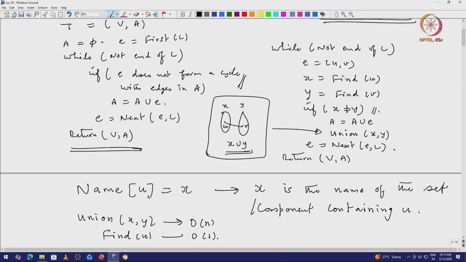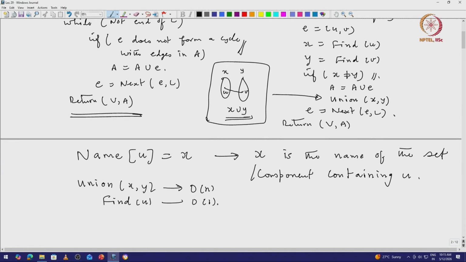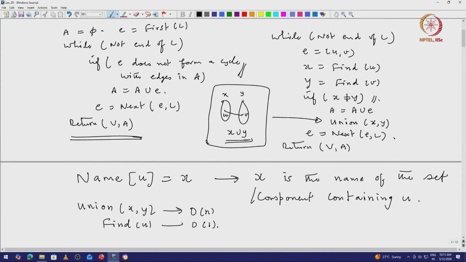With this complexity figure, you see that the find operations here take order 1, the union operation here takes order n, and for each edge you are doing 2 find operations, therefore the cost will be 2m, and there will be n minus 1 union operations.